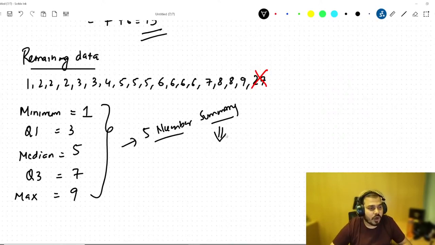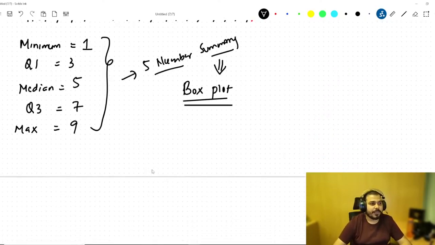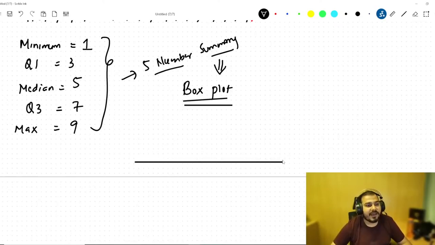Now let's draw a plot which is called a box plot. By this specific data, you can definitely draw a box plot. Now, how does a box plot get drawn? You will have an x-axis, and let's consider that in this x-axis you have values like -2, 0, 2, 4, 6, 8, 10.